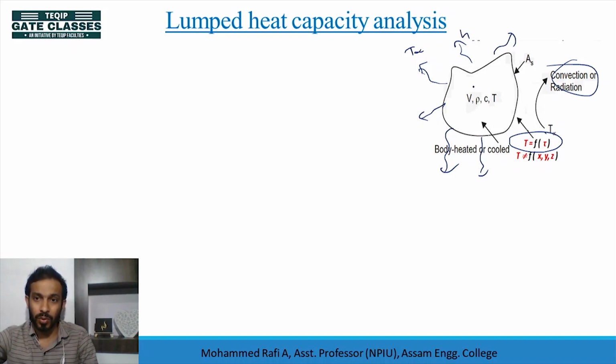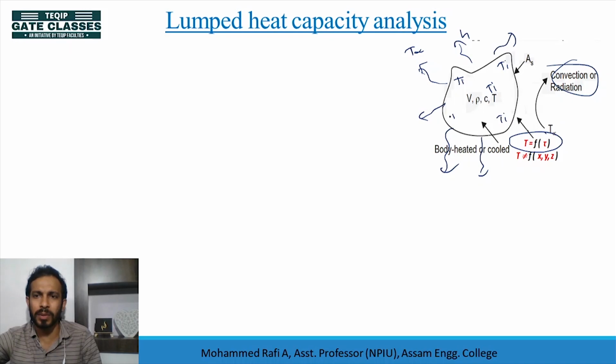For any body having a volume and a density or mass, coming into contact with a surrounding at temperature T infinity, it will start exchanging heat with the surrounding. In a lumped heat capacity analysis, there is no temperature variation within the body. That means the temperature at this point, suppose initially Ti, this point also will be Ti, and every other point will be Ti.